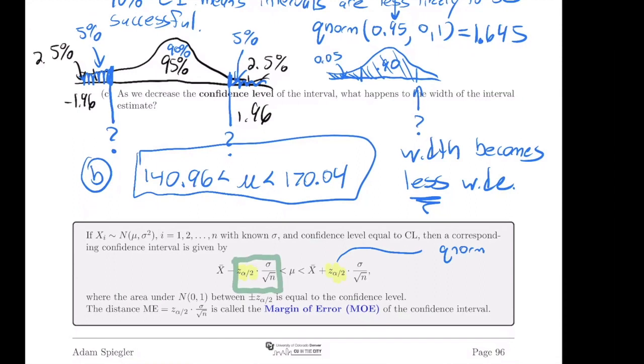And this stuff over here, the z alpha over 2 times the standard error, that's what we call the margin of error. If you're looking at polling, oftentimes they call it the MOE, which is the margin of error. Just be aware that's different than the standard error, right? So the margin of error depends on the standard error. It's the standard error times this z alpha over 2.